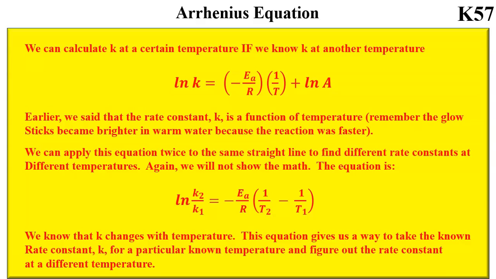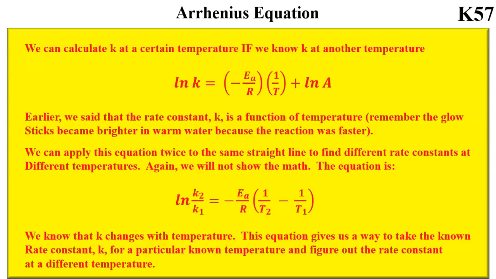So earlier we said that the rate constant K is a function of temperature. So remember, the glow sticks became brighter in warm water because the reaction was faster. At that point, you had a different value of K than when they were not in the warm water. We can apply this equation twice to the same straight line, to find different rate constants at different temperatures.